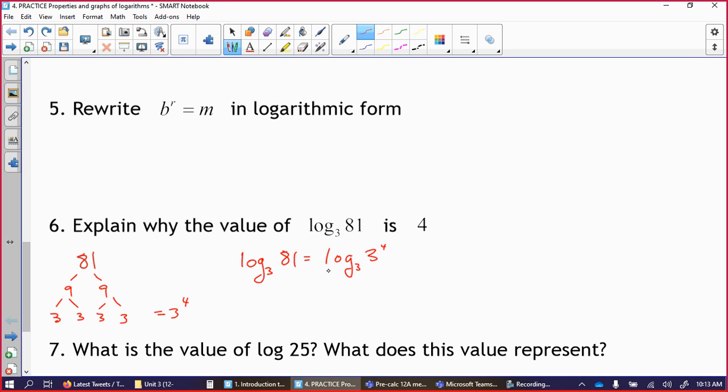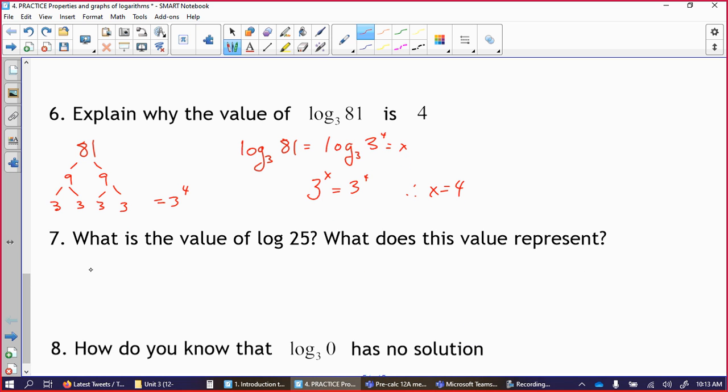If I have log base 3 of 3, that is 1, so we're left with the exponent. Or if I convert it, x equals 3 to the 4, therefore x equals 4.